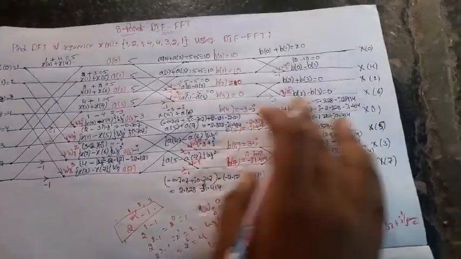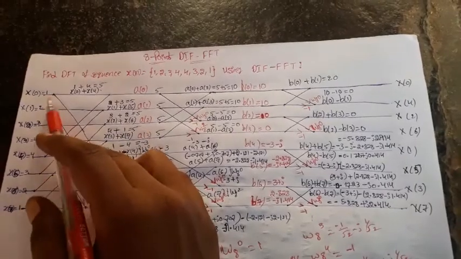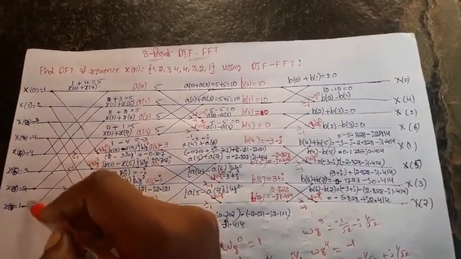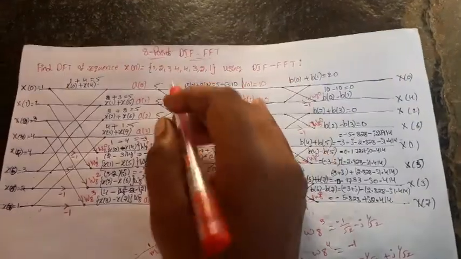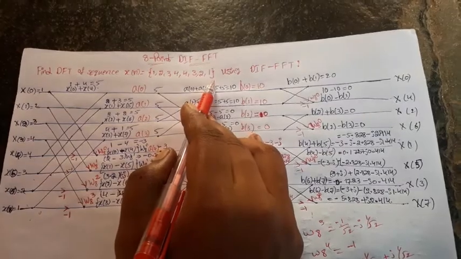Next, see here the inputs are in natural order: x of 0, x of 1, x of 2, x of 3, x of 4, x of 5, x of 6, x of 7. So the values are 0, 1, 2, 3, 4, 5, 6, 7.